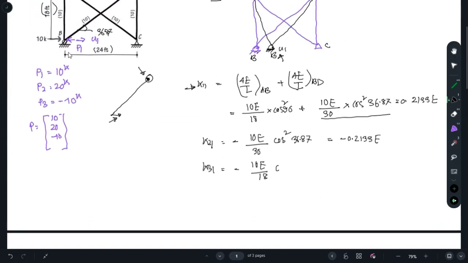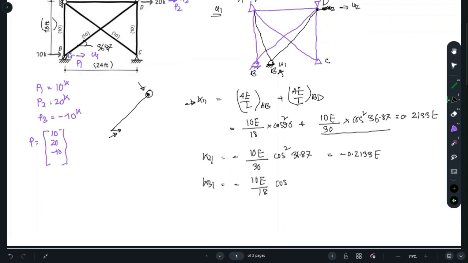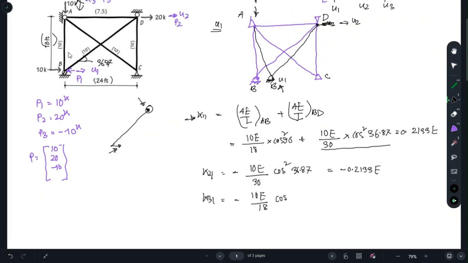How did we get the theta? If you look carefully, for AB, the theta is 90. So it would be cosine 90, sine 90. For cosine 90, it would be 0. So K31 is 0.